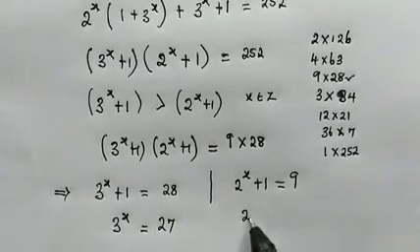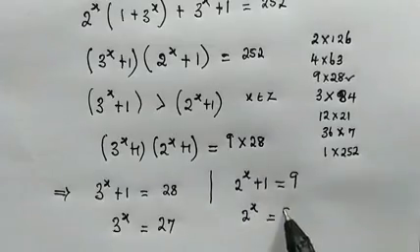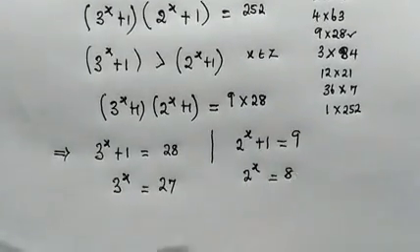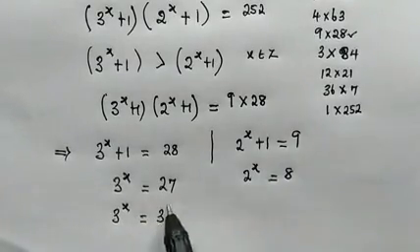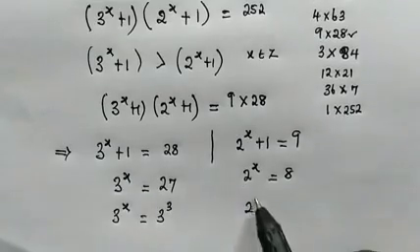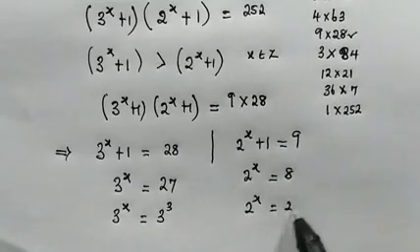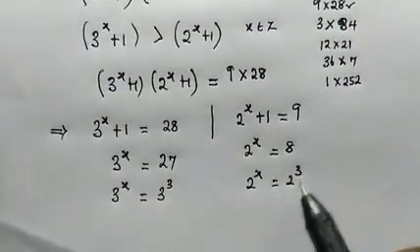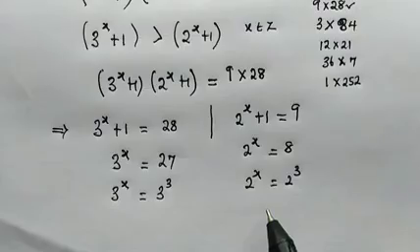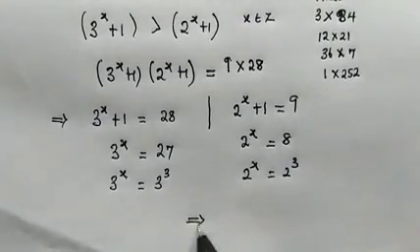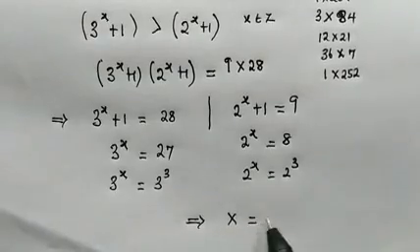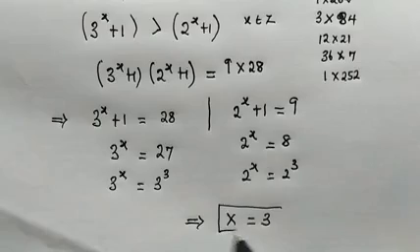And 2 to the power of x is equal to 9 minus 1, which is 8. From here, we have 3 to the power of x is equal to 3 to the power of 3, and 2 to the power of x is equal to 2 to the power of 3. So from here, we have obtained equal bases on both sides of the equation. This implies that our integer solution is 3.